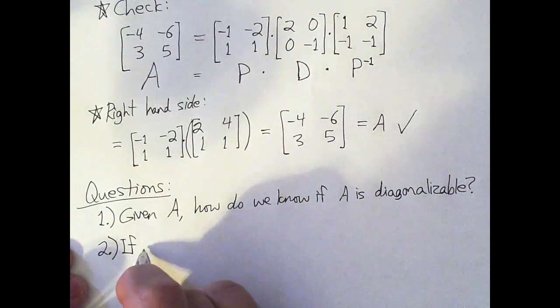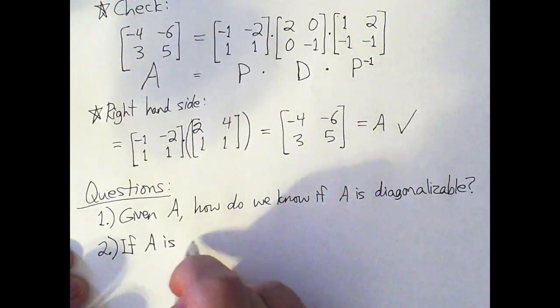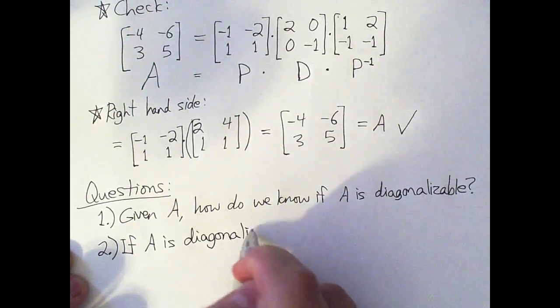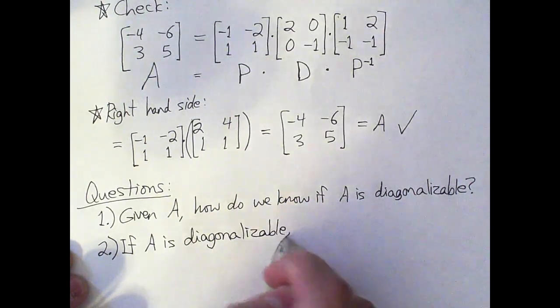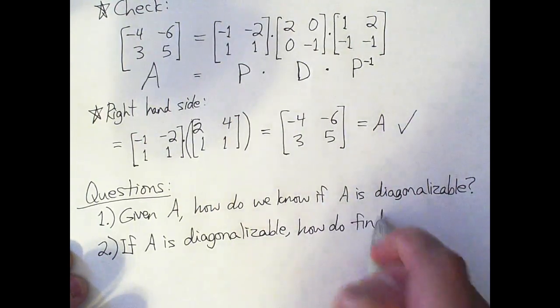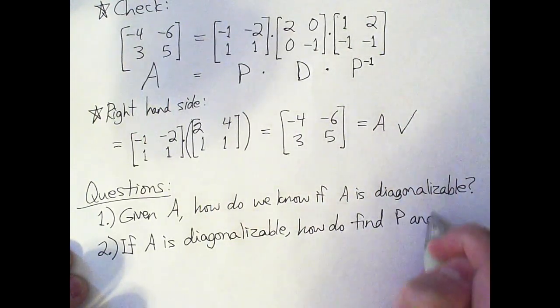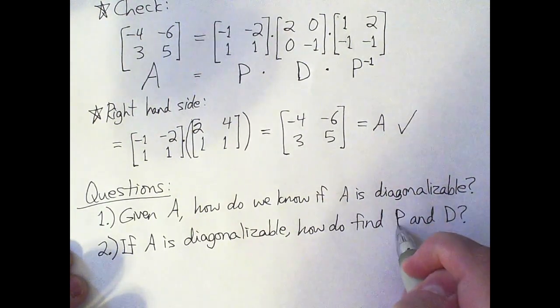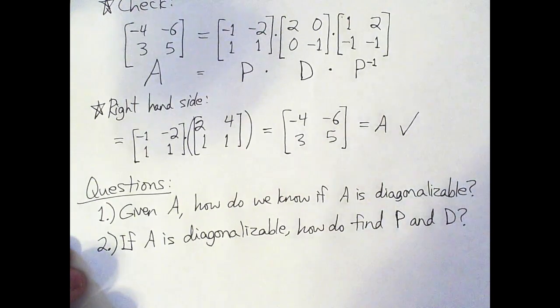Number 2, if A is diagonalizable, how do we find P and D? I'm not including P inverse in this question because if we find P and D, then we know how to find P inverse.